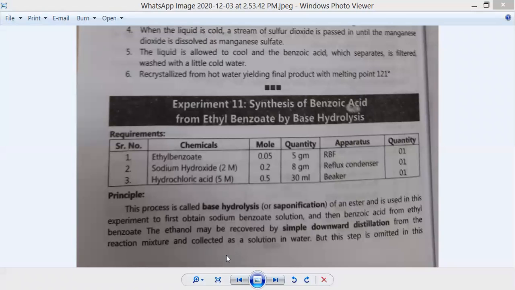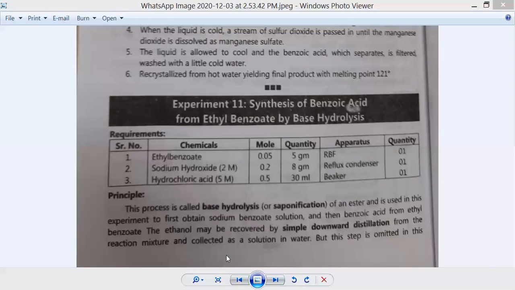Now the treatment of this sodium benzoate solution with hydrochloric acid releases free benzoic acid as a white crystalline solid. You have seen those crystals of benzoic acid, which are washed with ice cold water and then recrystallized with the help of water. So in this manner we are going to do the synthesis of benzoic acid, and recrystallization is done using hot water as a solvent, because benzoic acid is soluble in hot water.